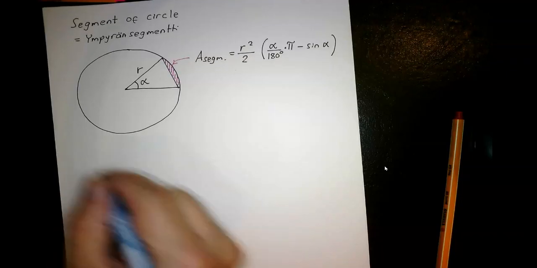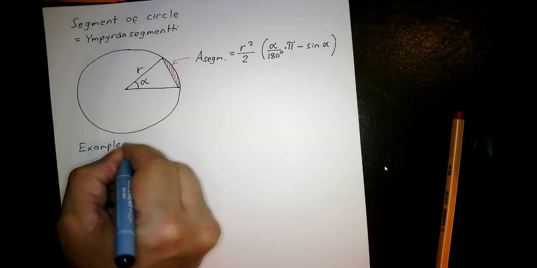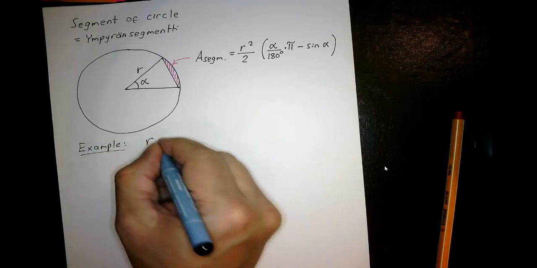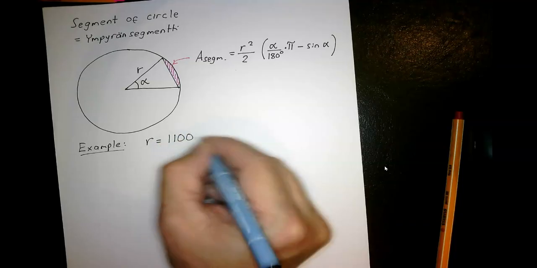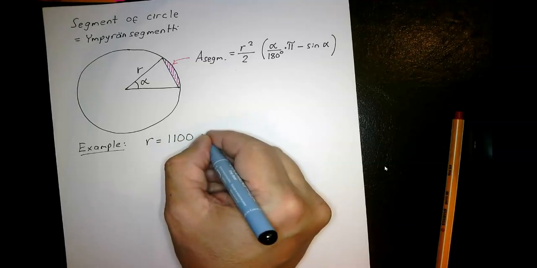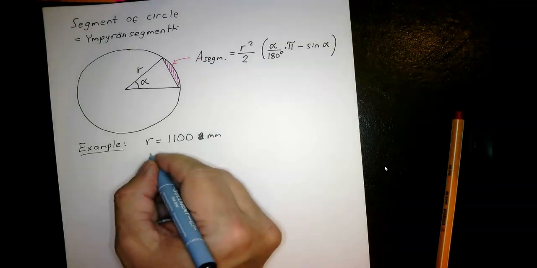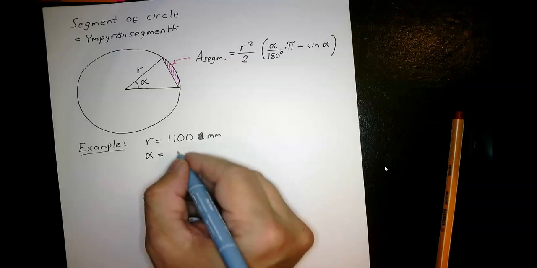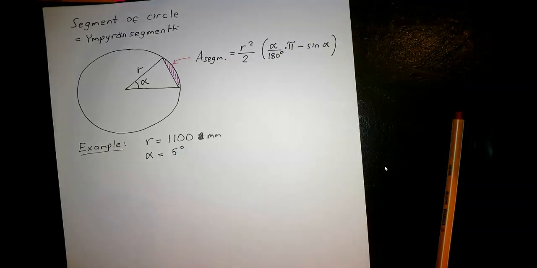And so, for example, if we have r equals, let's take millimeters, and alpha equals, let's take only 5 degrees. So that is enough.